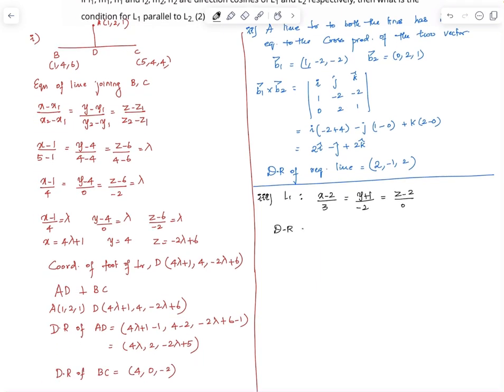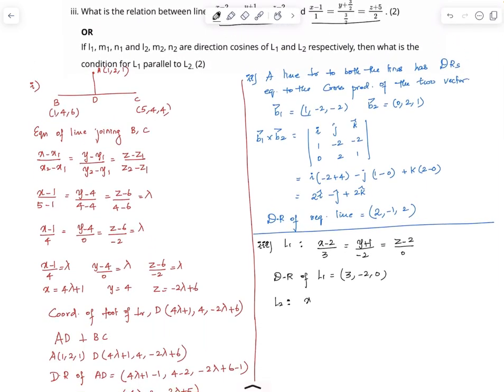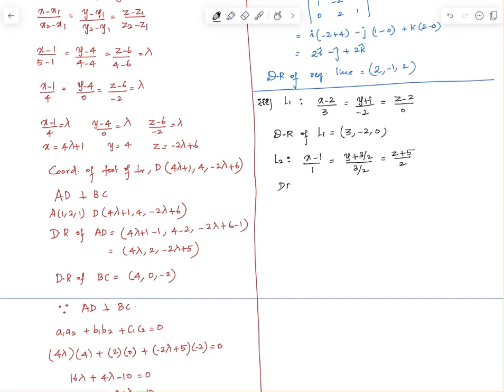The direction ratios of L1 is given by 3, comma minus 2, comma 0, and let's take down the second line L2, which is x minus 1 upon 1 is equal to y plus 3 by 2 upon 3 by 2, which is equal to z plus 5 upon 2. The direction ratios of L2 is given by 1, comma 3 by 2, comma 2.